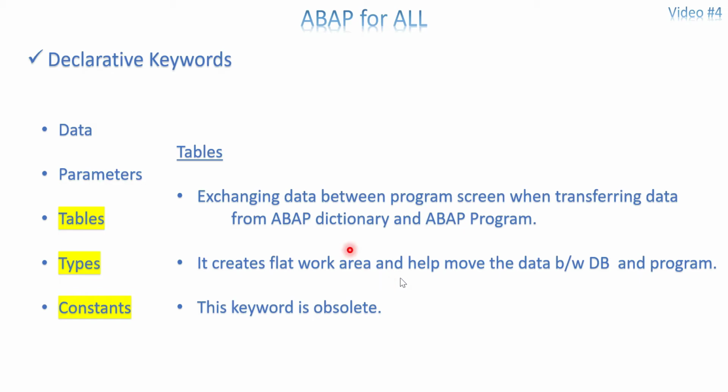If you use a table, it just creates a flat work area and that will help to move the data between your database and your program. Okay, and the worst part is the keyword is obsolete, which means outdated. Whenever a new version comes, they might decide that a particular functionality, keyword or object is not going to be used, maybe for performance reasons, or maybe they combined 3 or 4 functionalities into one object.